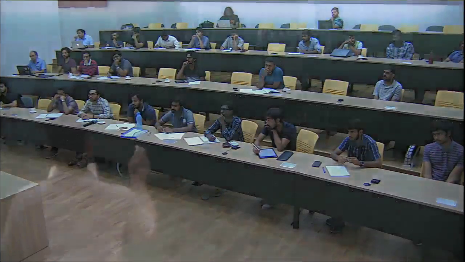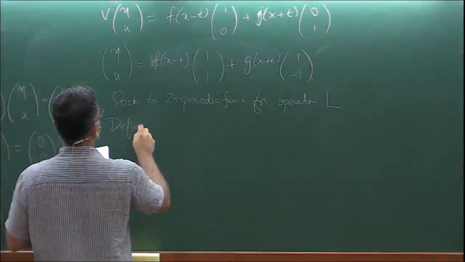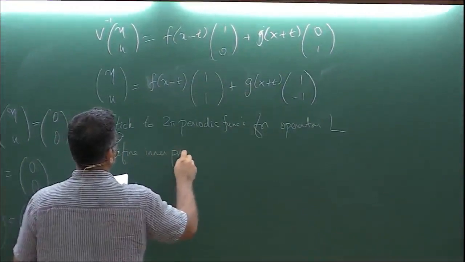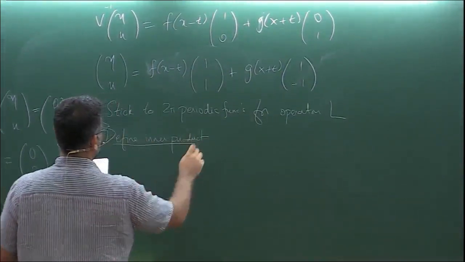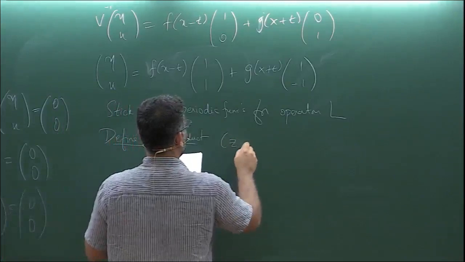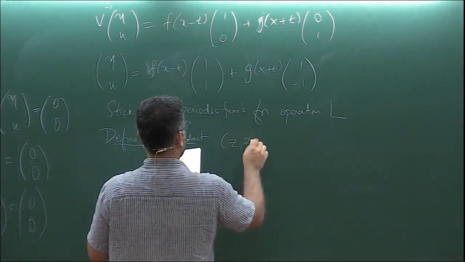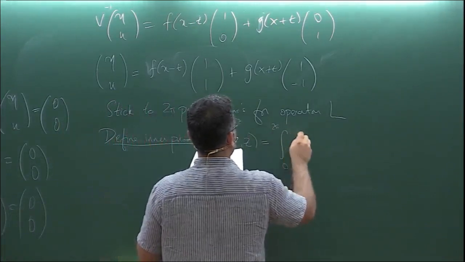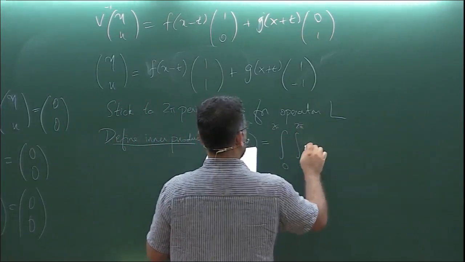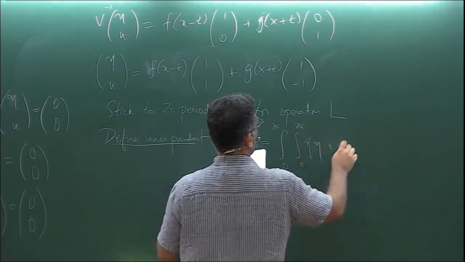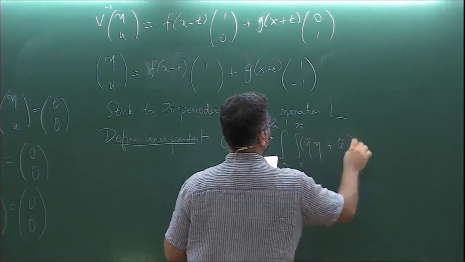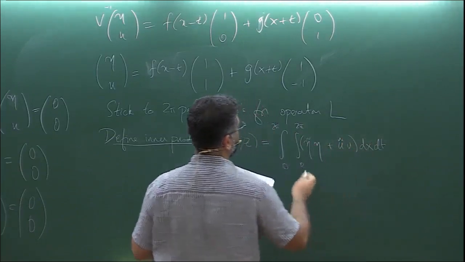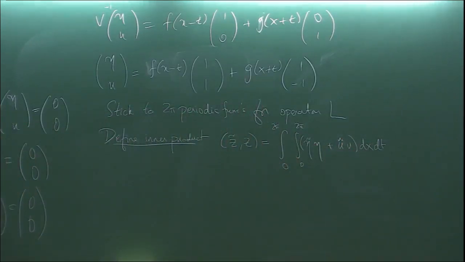So I can define an inner product, let's say z, tilde z, to be the integral from 0 to 2 pi, 0 to 2 pi, of eta tilde eta plus u tilde u in terms of x and t, which would certainly be true whether I had chosen x plus t or x minus t. Both are 2 pi periodic functions, and I can do this.